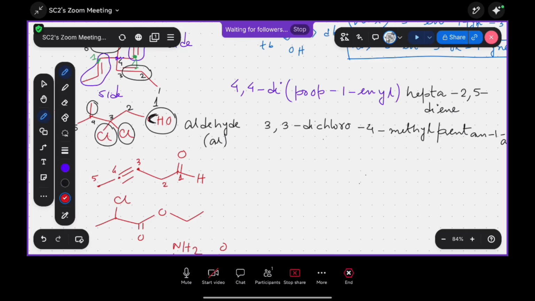So what do you see? 5 carbon atoms, no side chain, no cyclic ring. So it is pent. Directly move to the word root. Pent. Then at the 3rd carbon we are having a triple bond. So pent 3-yne. 1 al.